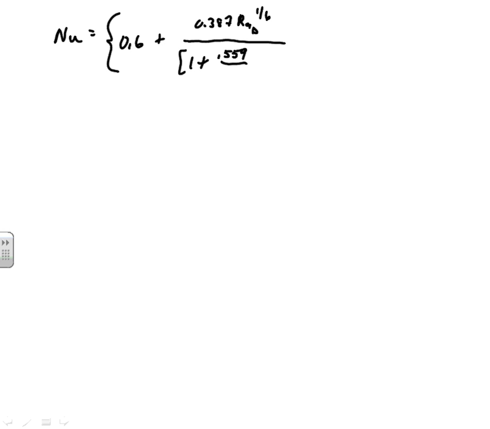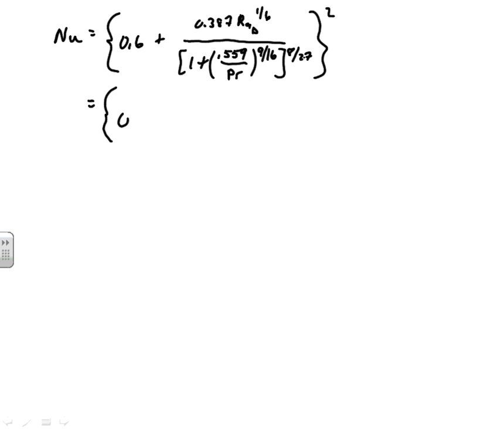That correlation was the Nusselt number for a horizontal cylinder, 0.6 plus 0.387 times the Rayleigh number to the 1/6 divided by 1 plus 0.559 divided by the Prandtl number, all raised to the 9/16, and then the denominator raised to the 8/27, and then the entire thing is going to be squared.